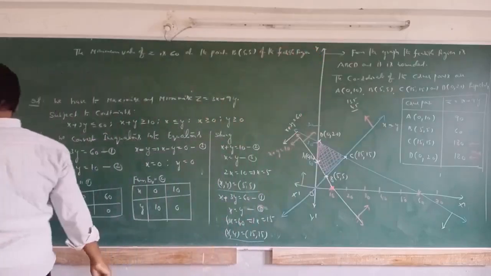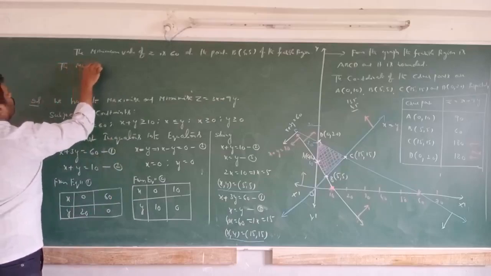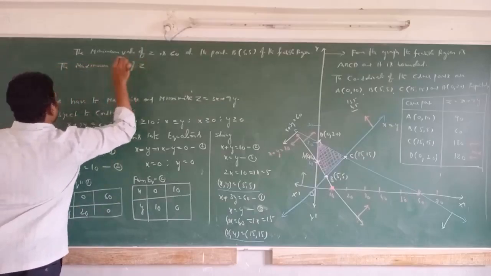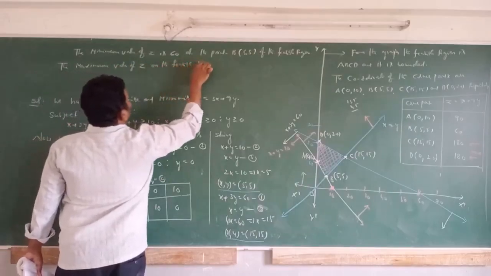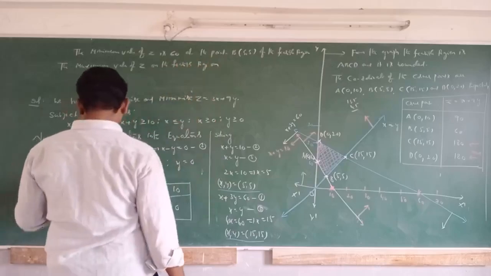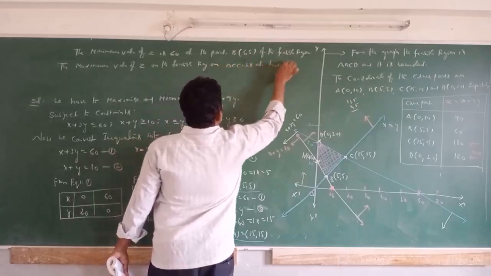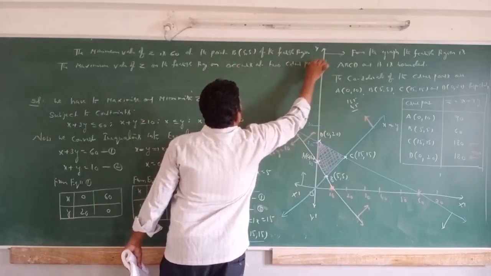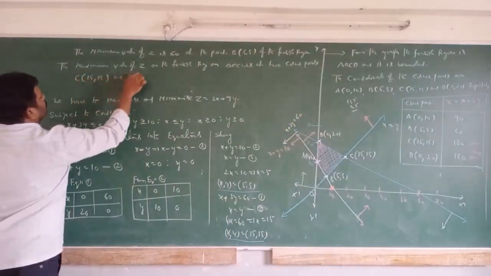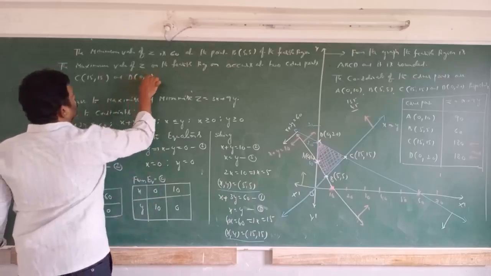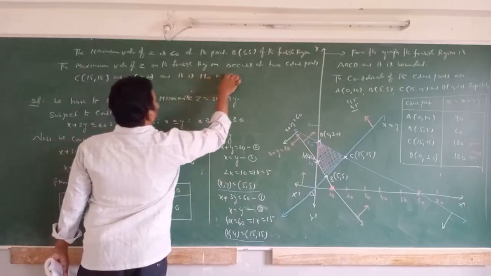And also, the maximum value of z on the feasible region occurs at 2 corner points, C of 15 comma 15 and D of 0 comma 20, and it is 180 in each case.